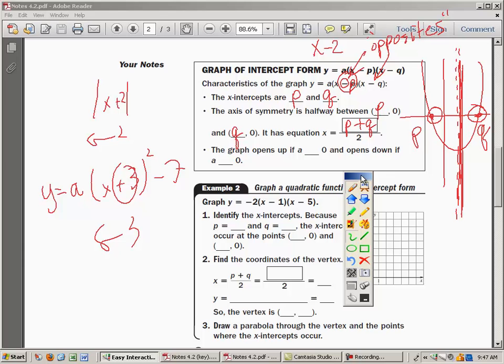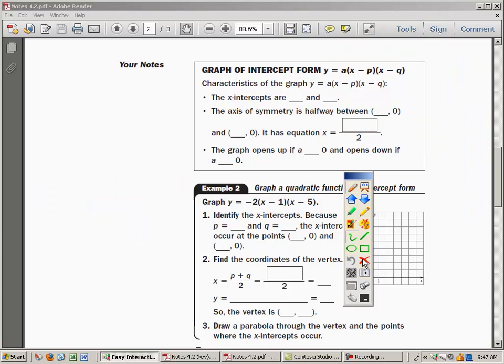Again, the graph opens up if a is more than 0, and it opens down if a is less than 0. So let's take a look at an example here. Well, I'm sorry, before we take a look at that example, I want to talk a little bit about why these are my intercepts. All right, remember, the x-intercepts is when y equals 0.